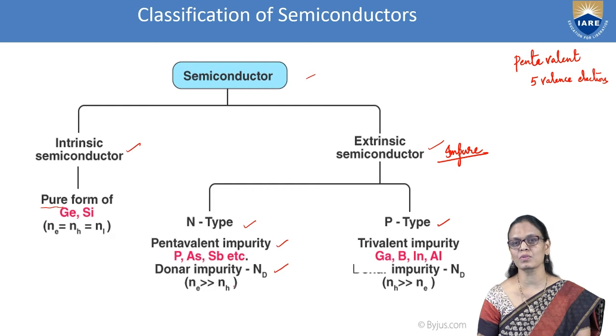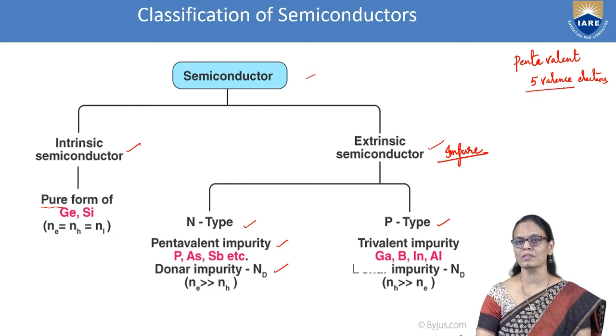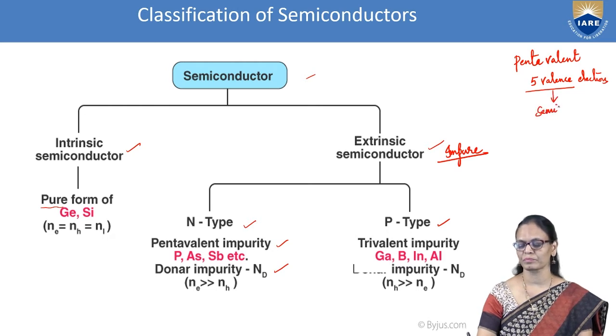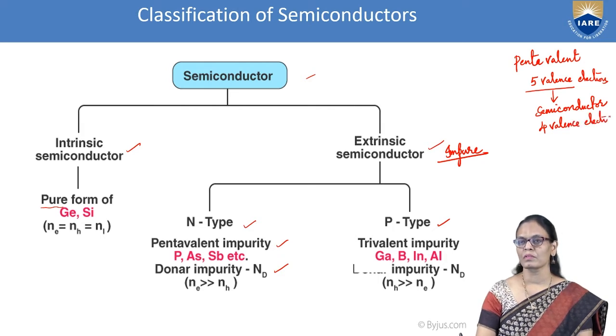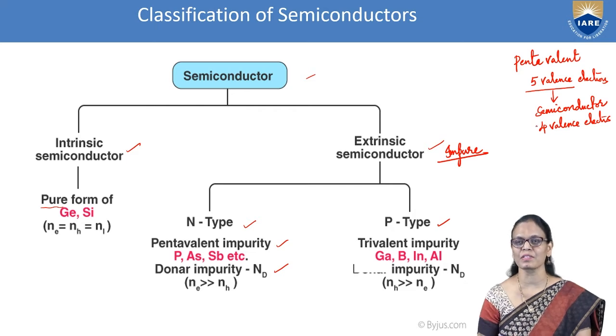Why do we call them donor impurities? They have 5 valence electrons, and we are adding them to a pure semiconductor which has 4 valence electrons. So there are 5 plus 4, total 9 electrons.